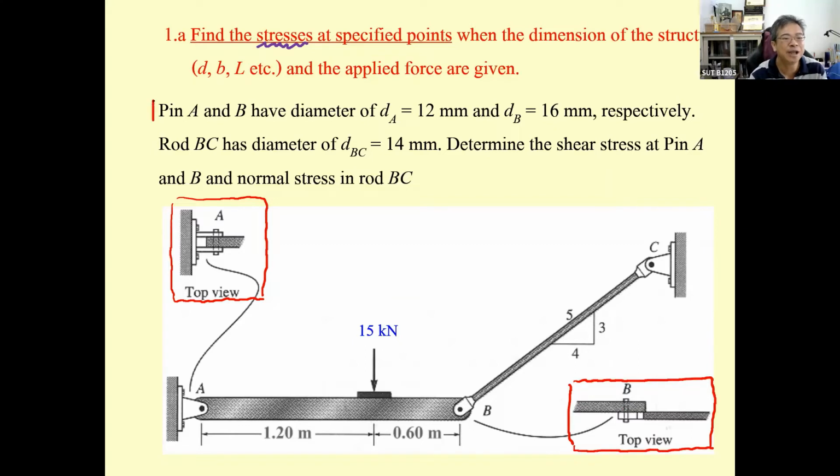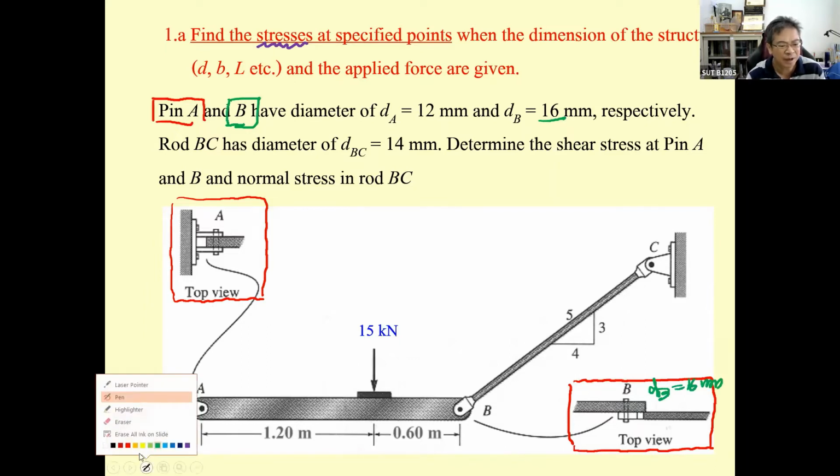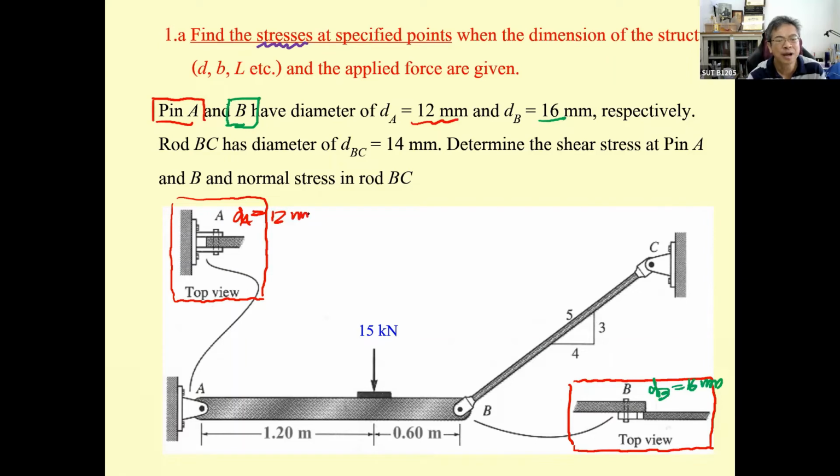So pin A is going to be double shear, and pin B is going to be single shear. The diameter of pin B, over here, is going to be 16 millimeter, and the diameter of pin A is going to be d sub A equal to 12 millimeter.